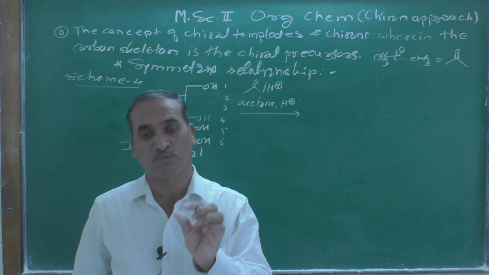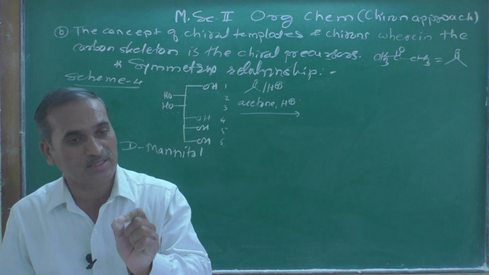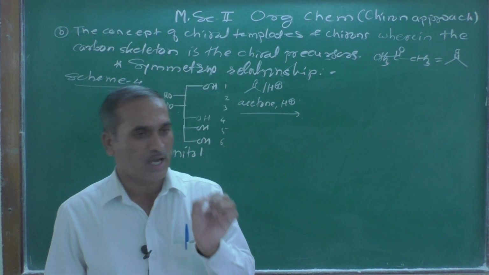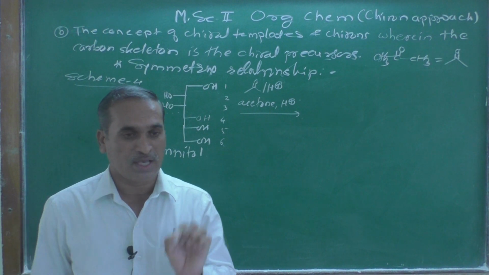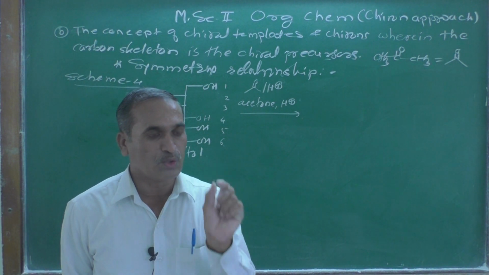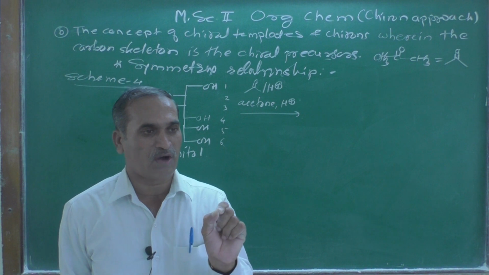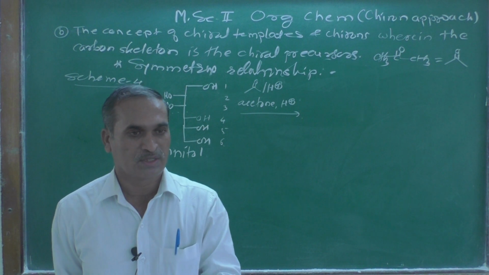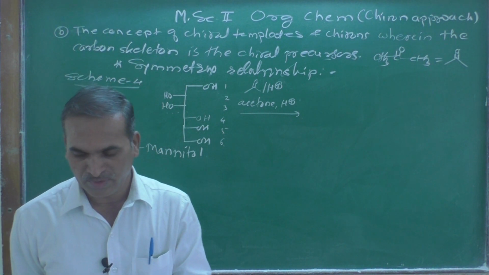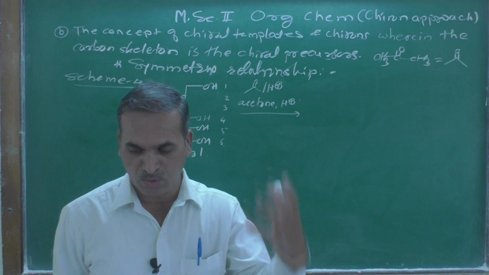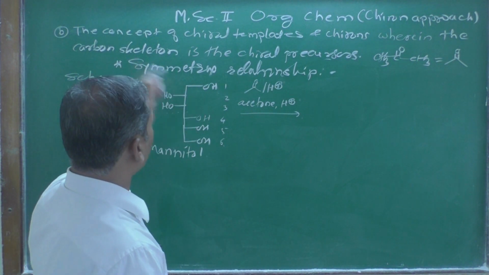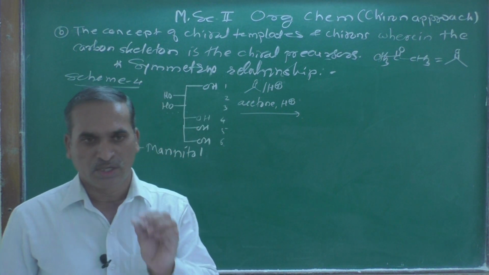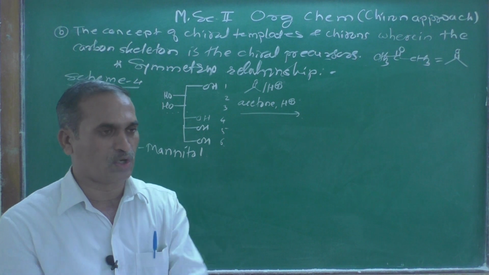While studying protection and deprotection, we know what the main use of acetone in the presence of H plus is, right? It is used for protection of 1,2-diols. Remember, it is used for the protection of 1,2-diols, and it can protect this as well as this, a selective, stereo-controlled reaction.